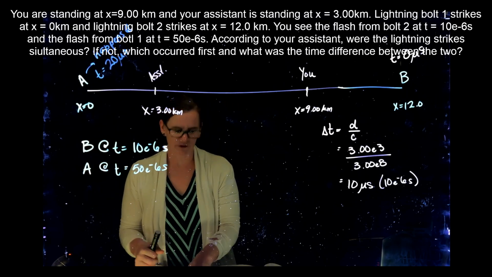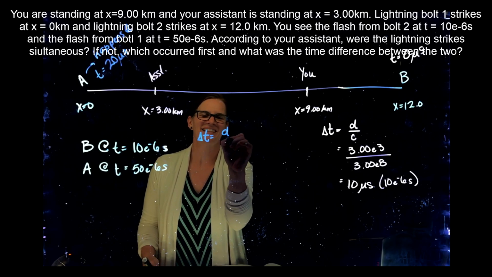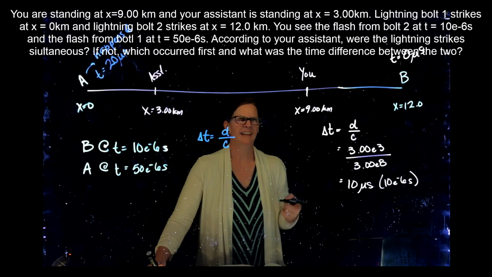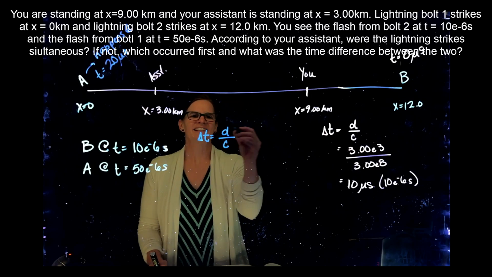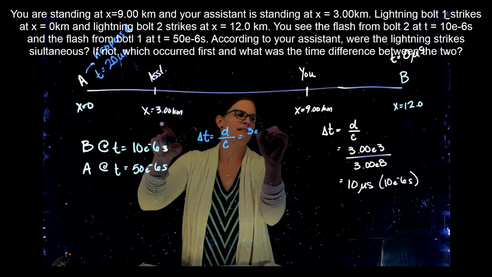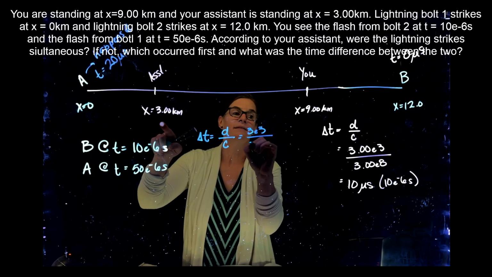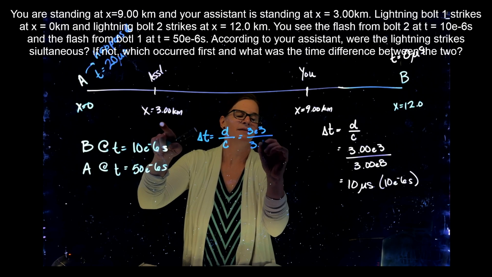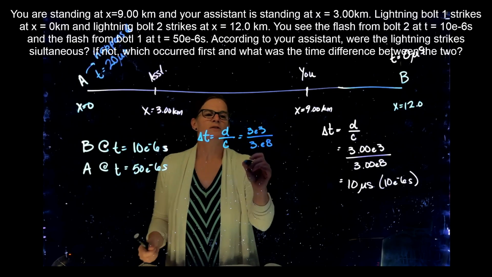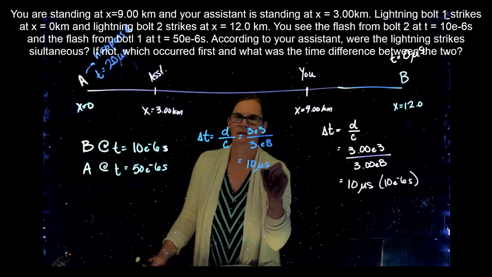The change in time for the assistant is, of course, equal to the distance divided by the speed of light. The assistant is 3 kilometers away, so 3 times 10 to the third over the speed of light, which is 3 times 10 to the eighth. So the change in time for the assistant is 10 microseconds.